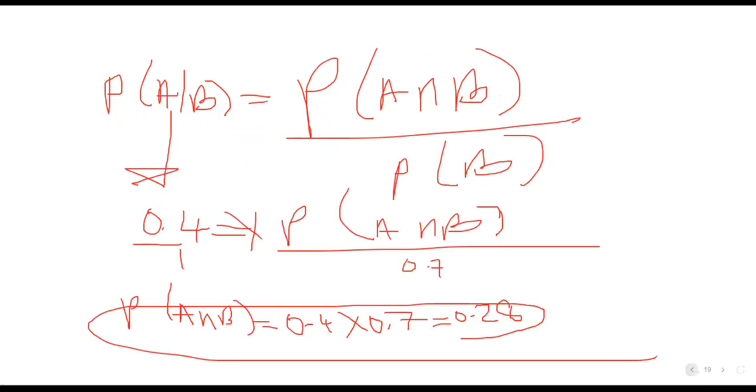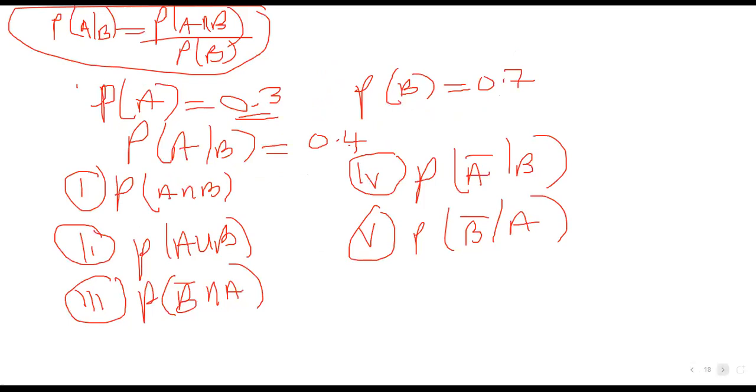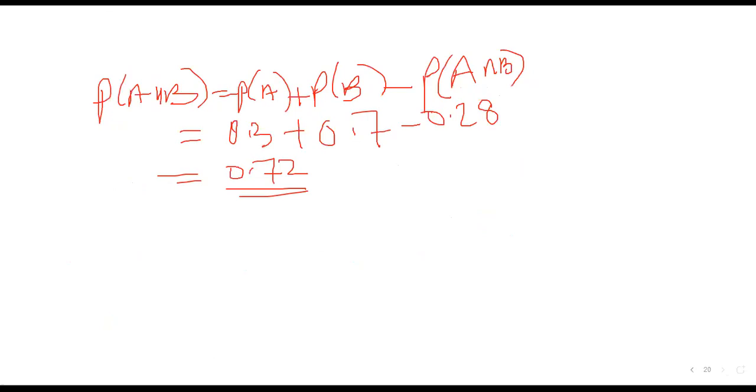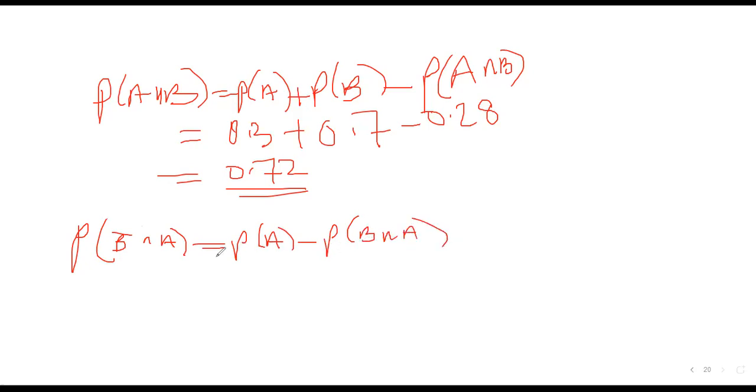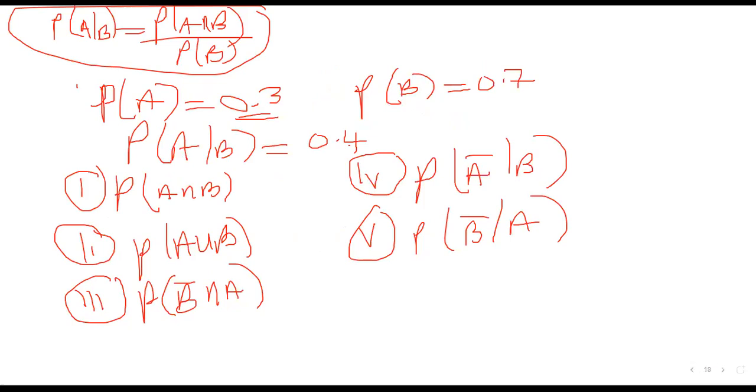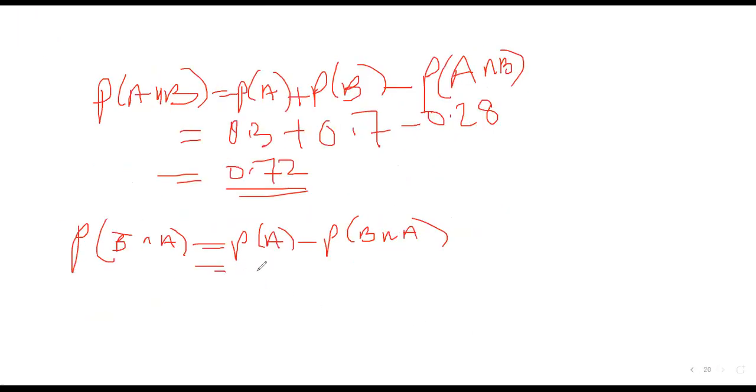So if you had to find probability of B complement intersection M, probability of B complement intersection M is equal to probability of M minus probability of B intersection M. So probability of M, we have 0.3, minus the intersection set of 0.28.